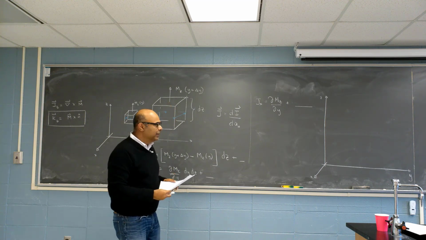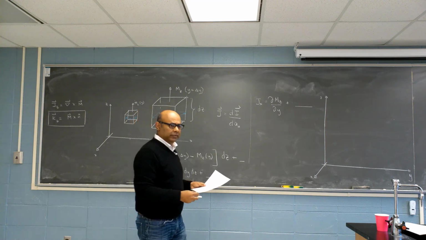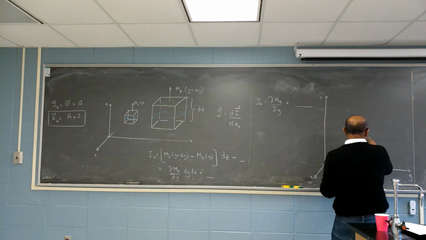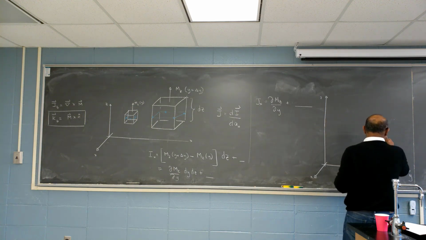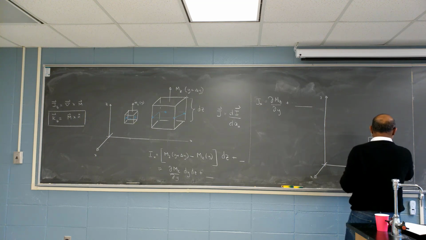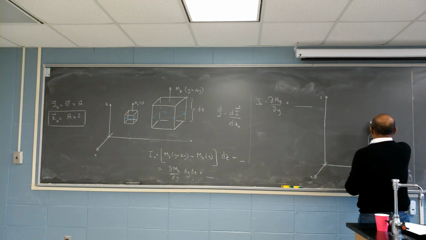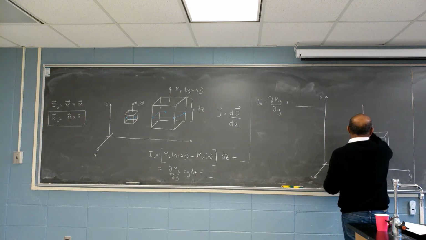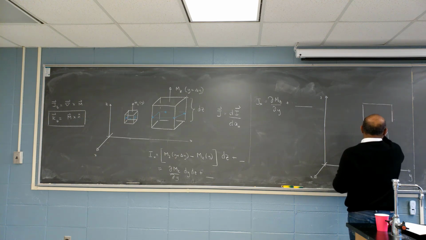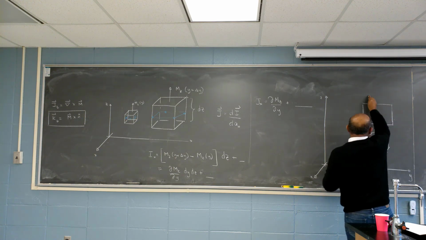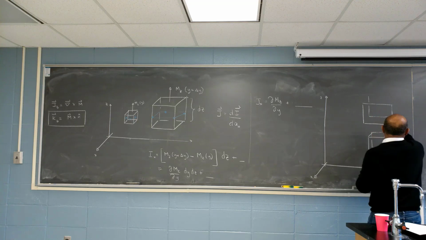Now let's look at the y component of m. So to do that, I will look at two rectangles here, and to suggest that this one is stronger, I'll make this a larger rectangle.